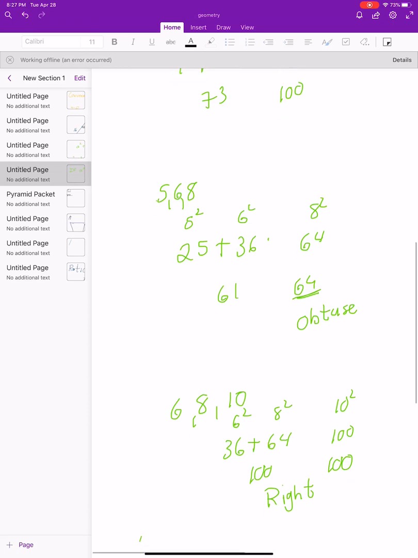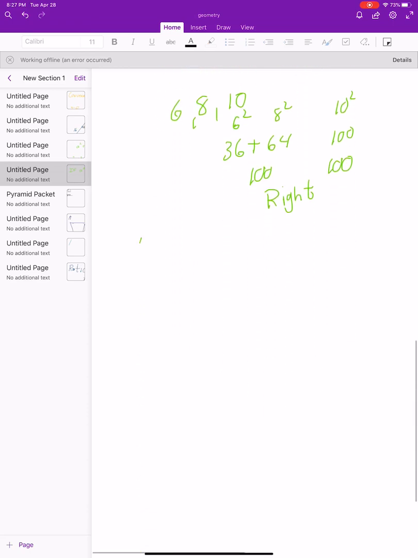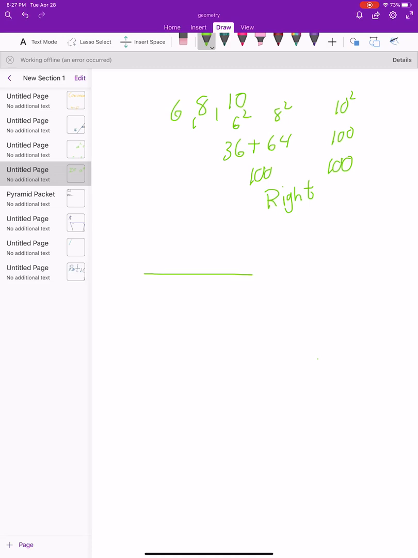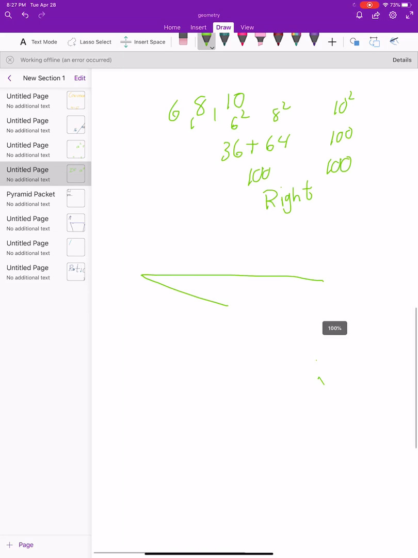Well, what we could do, if we were in the classroom, of course, we do this every year, is we take a piece of spaghetti and we break it. So if you take a piece of spaghetti and break it in 2 spots and try to make a triangle out of it, you'll probably get one, because most people are going to break it in good spots. But it's possible that if you break it just right, you won't get a triangle, because these 2 pieces will be too small.